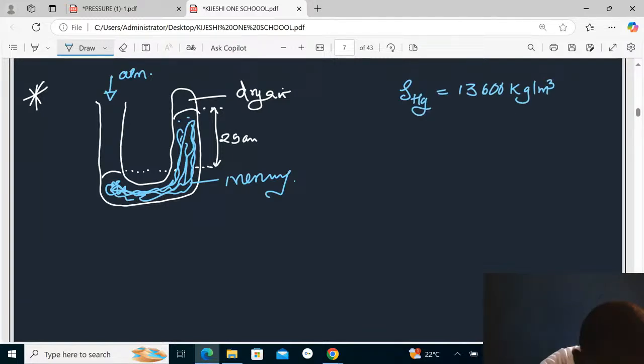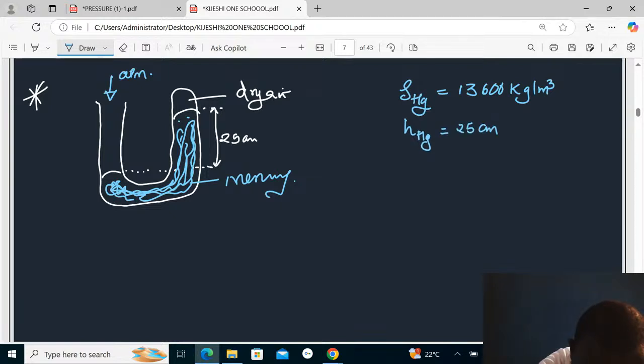And then we have the height of mercury as 25 centimeters.